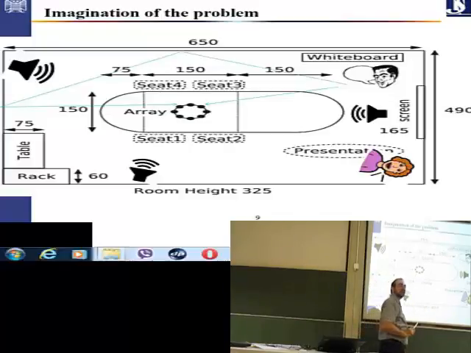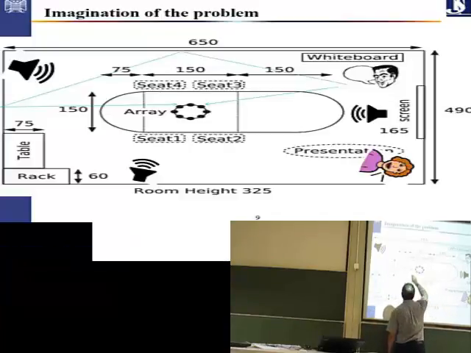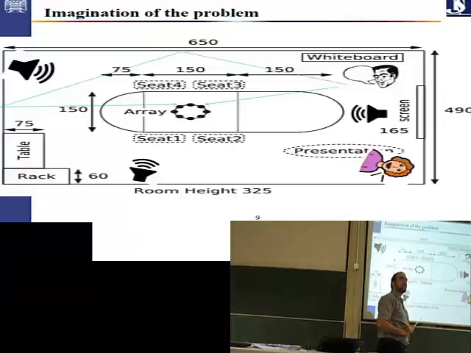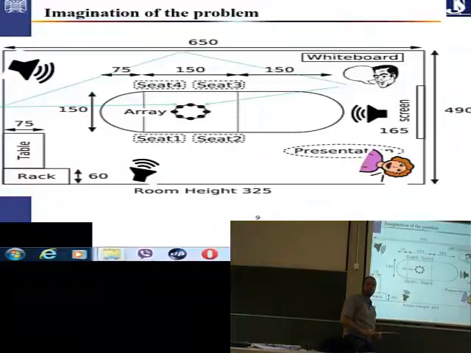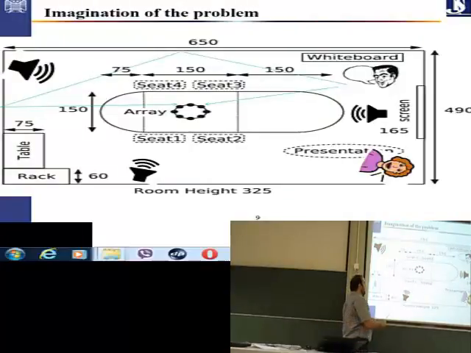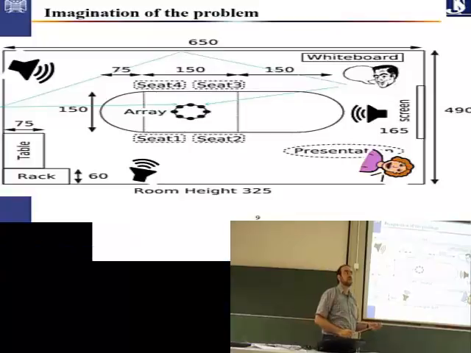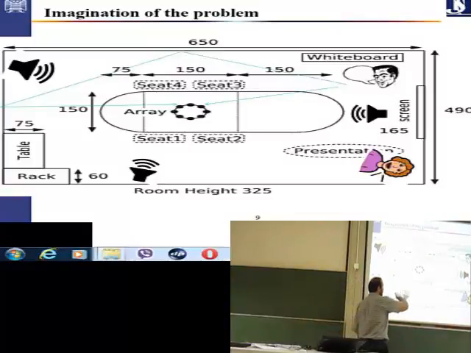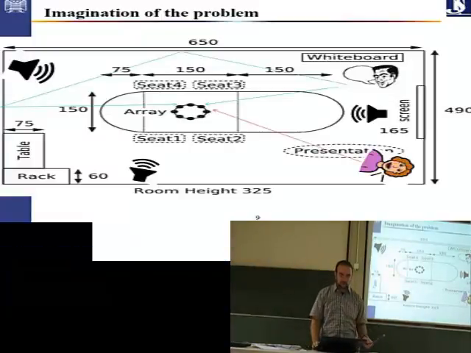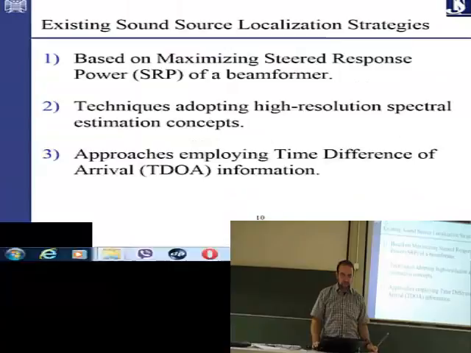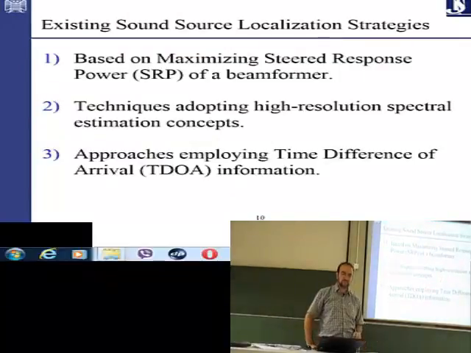But the path spent for the direct one is not the same as the one for the reflected versions. Okay? So that's why we have here the reflections, which are called reverberation. Reverberations are reflections of the same source coming back at a later time to the sensors. And the same thing happens for the other speakers.